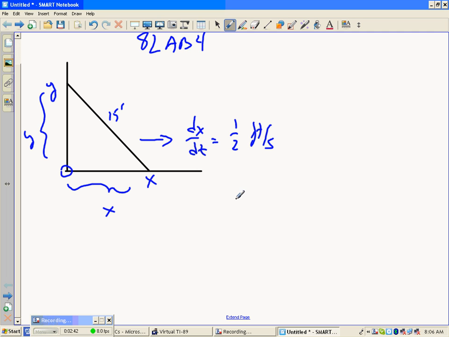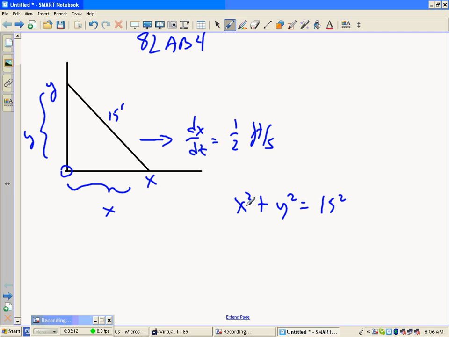It's X squared plus Y squared is going to be 15 squared, otherwise known as 225, but you don't have to write that. So how are you going to get the rate of change of Y? If the rate of change in X is dx dt, I'm trying to find dy dt. How do I get dy dt out of this? Differentiate implicitly with respect to T. These are functions in time, so that's a chain rule.